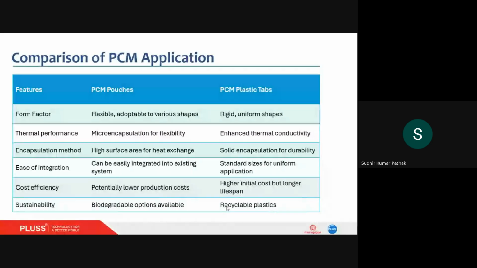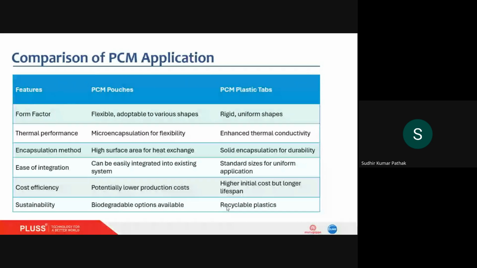Next, if we want to compare these encapsulations of PCMs: in form factor, if we fill the PCM in pouches, it gives us flexibility and is adaptable to various shapes. We can fill the PCM in different shapes, depending on which surface area we want to cover.